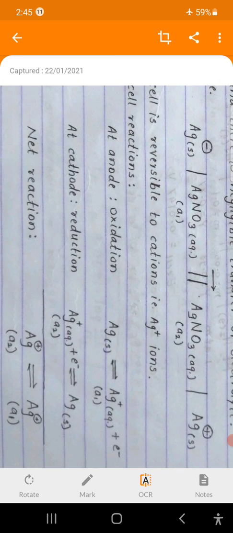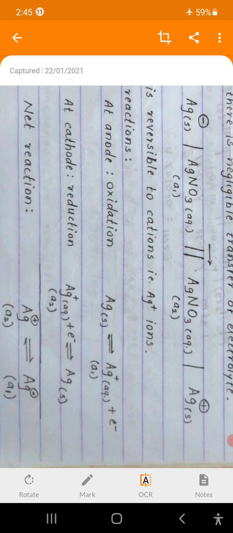Cell reactions: at the anode, on the left hand side, oxidation takes place as solid silver goes to Ag+ ions, which migrate into the solution having concentration A1, plus one electron. At the cathode, on the right hand side, reduction takes place where Ag+ ions from the solution having concentration A2 accept one electron coming from the circuit and are converted to solid silver, deposited on the silver rod at the right hand side.